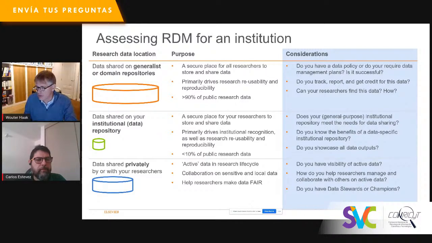And certain faculties or departments are also instating data stewards that help to make sure that when researchers create data, it's also there for the next generation, so that the data grows in a way that is helpful for each new generation of researchers that come and go from the university.